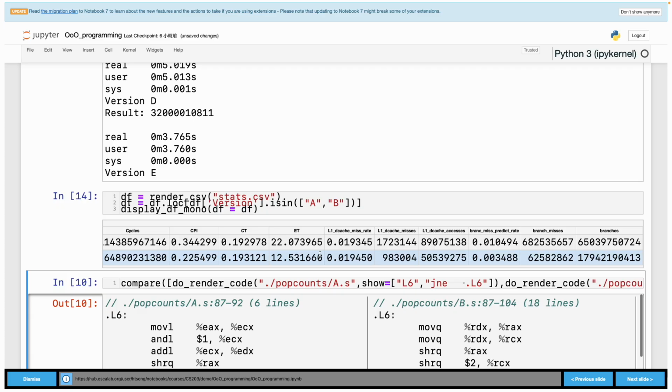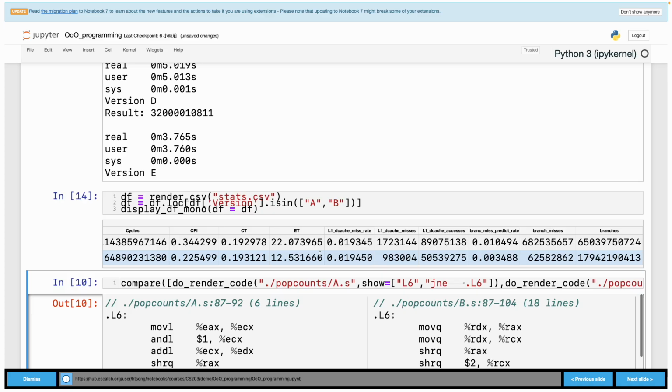So you still have a pretty good branch prediction.